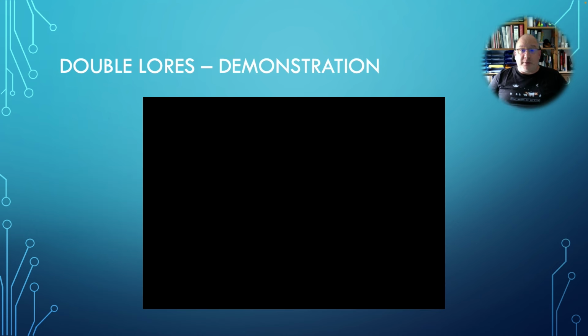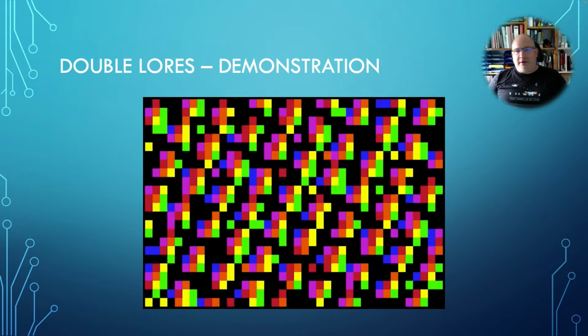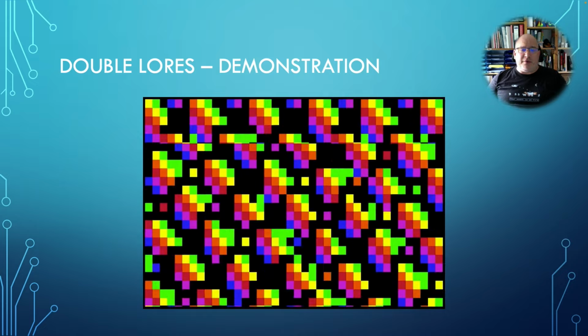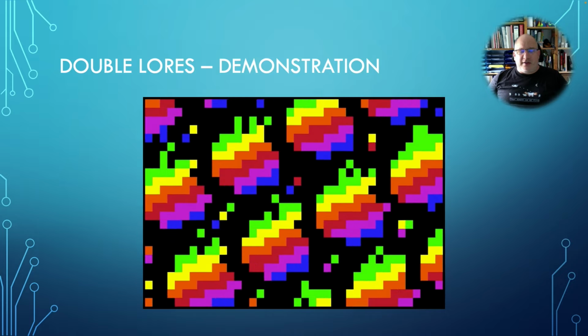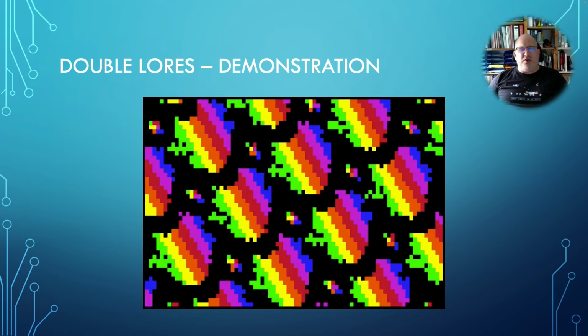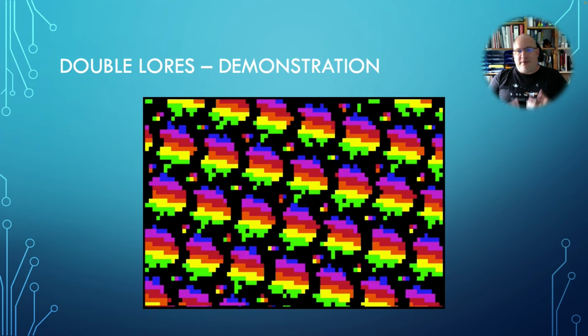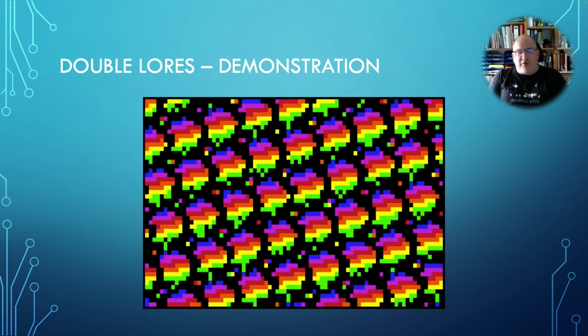Let's watch a short demonstration of what double low-res graphics looks like. You can see here it's a roto zoomer we produced a couple of years ago, which first starts in single low-res or standard low-res mode. You can see the coarse resolution, and then it switches to double low-res, and you can see, this is now the double low-res resolution.